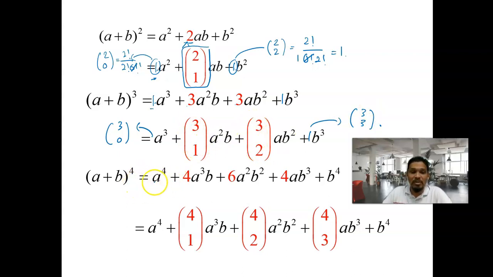The same thing goes for this expansion, a plus b to the power of 4. So we have 4, 0, 4, 1, 4, 2, 4, 3. Actually there is also a term of 4 and 4, and here we also have the notation of 4 and 0. It gives you 1 and 1. Get it?